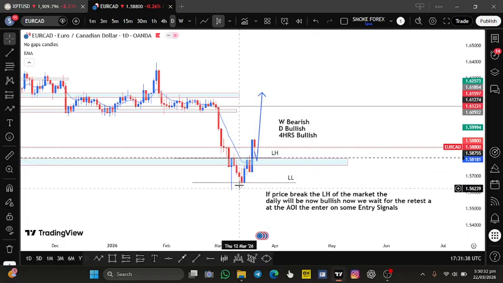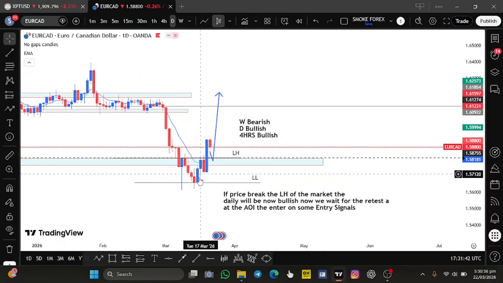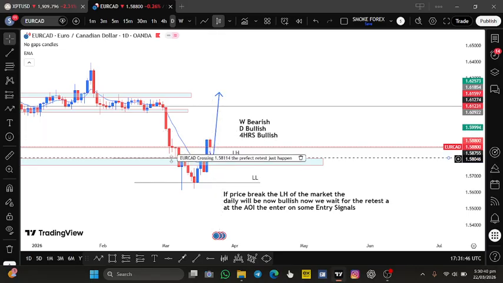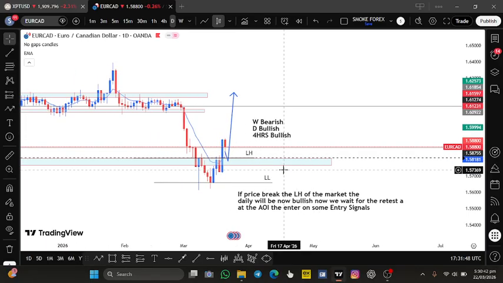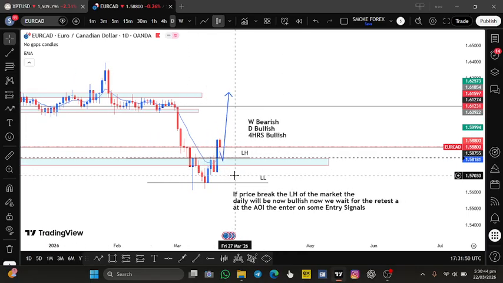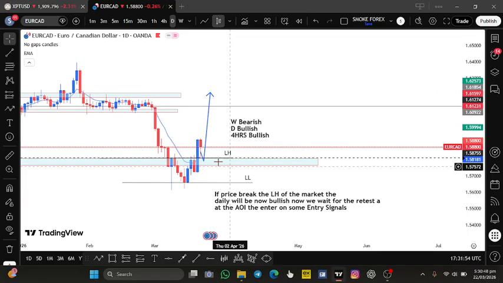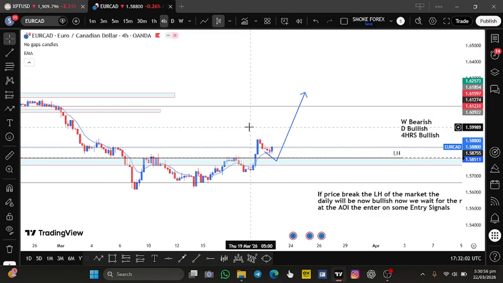All I want to see is the retest at this area of interest. Price was in a bullish trend, and price broke a lower high. So all that I do want to see is the retest at the area of interest. Then I'm going to enter for the buy. So that's for Euro CAD.